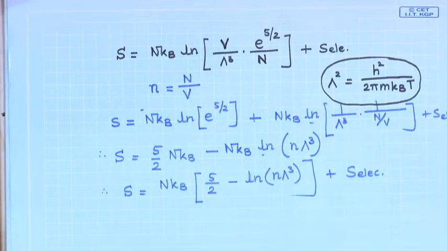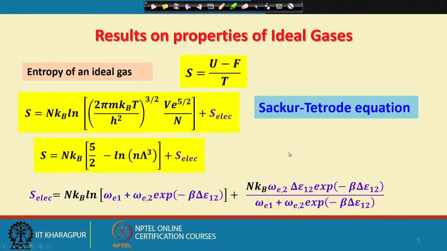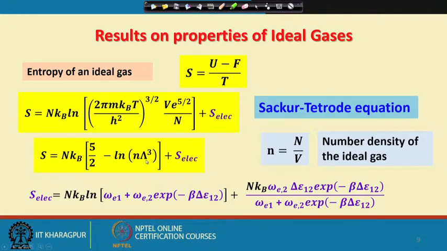So, as you see, an alternative and simpler form of the Sackur-Tetrode equation involves this number density n and the de Broglie wavelength λ.